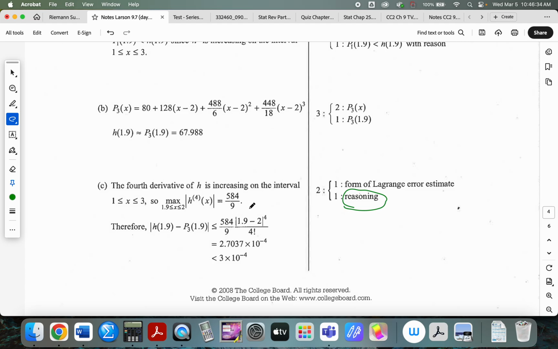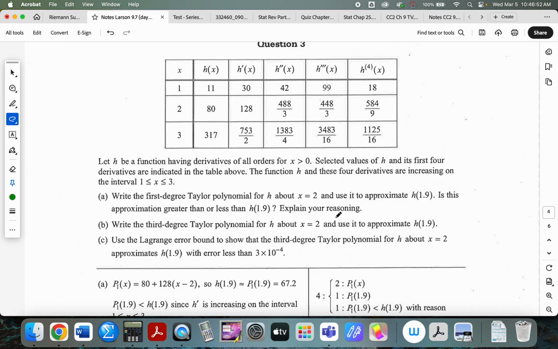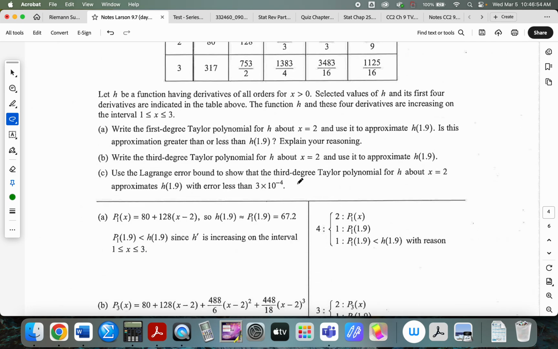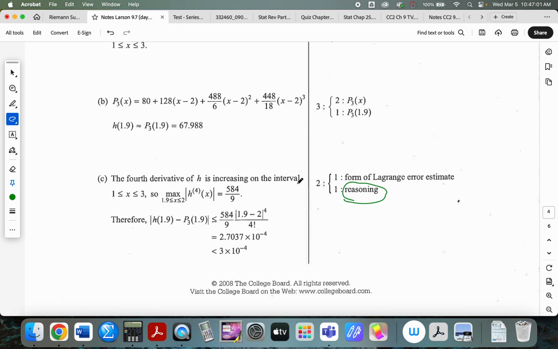If you didn't do that, you lost one of these 2 points. And they were like, well, how do you know they weren't just guessing? I'm like, well, they guessed the right one, and it doesn't say explain your reasoning. So I disliked that one. So we ended up with this, which is less than 3 times 10 to the negative 4th.